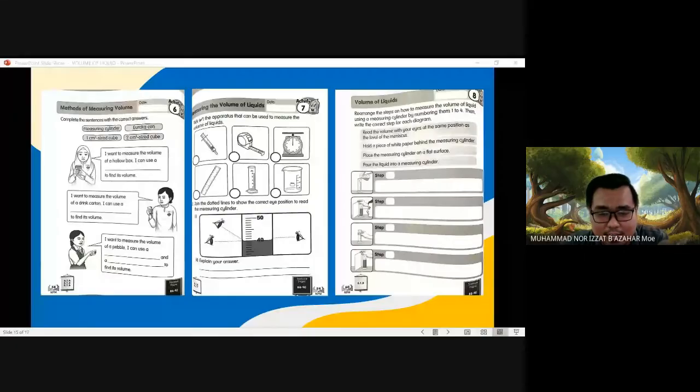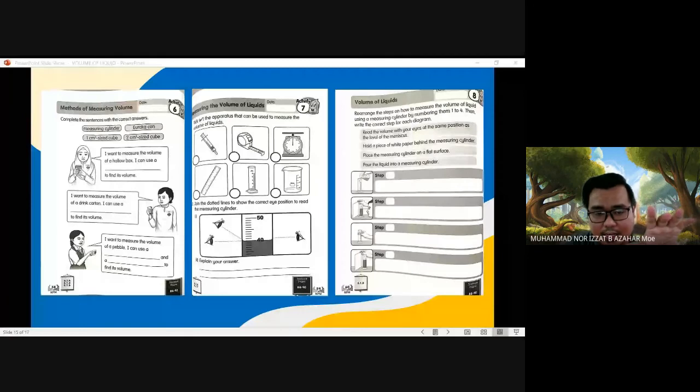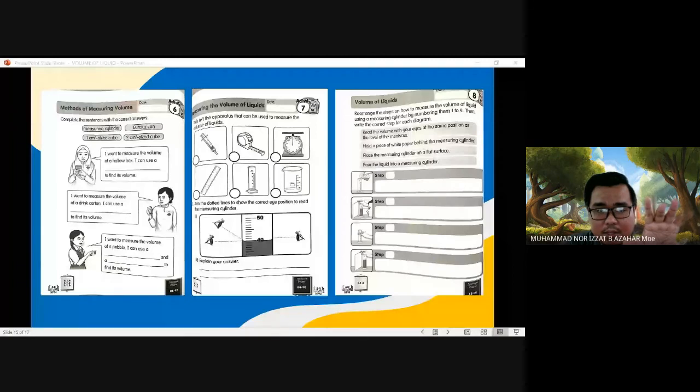Right? So for the last part of this lesson, I give you time to complete pages 58, 59 and 60. On page 58, you only fill in the blanks with the correct answer. For this one, only tick which apparatus can be used to measure the volume of liquid. And the last one, you number the steps.